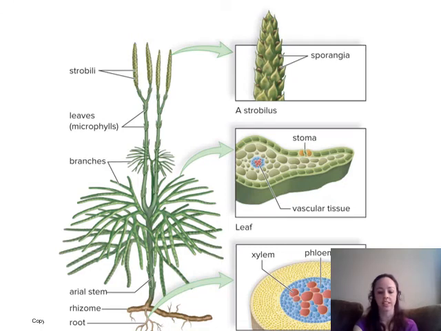So here you can see the horizontal stem, that rhizome, and then you have these aerial shoots that will shoot up into the atmosphere where they can get the carbon dioxide and energy from the sun that they need. Here you can see the microphylls. They're just those tiny leaves that are compacted together that give it that mossy look.